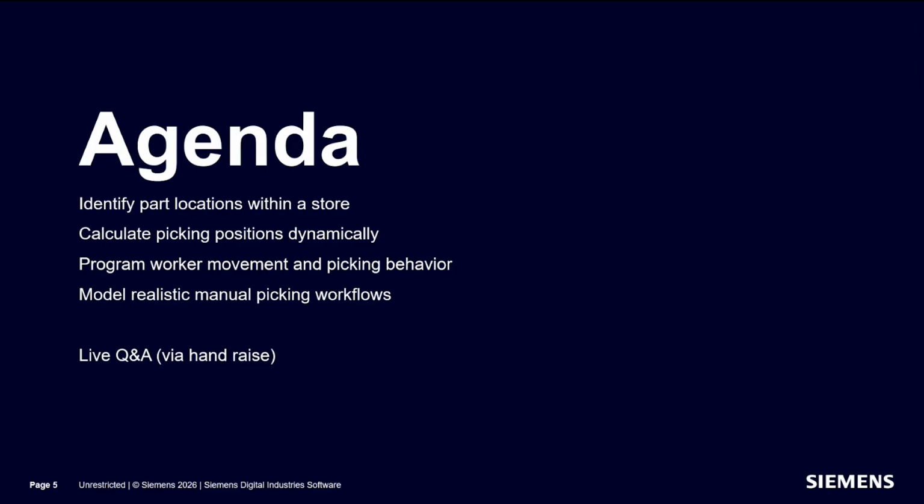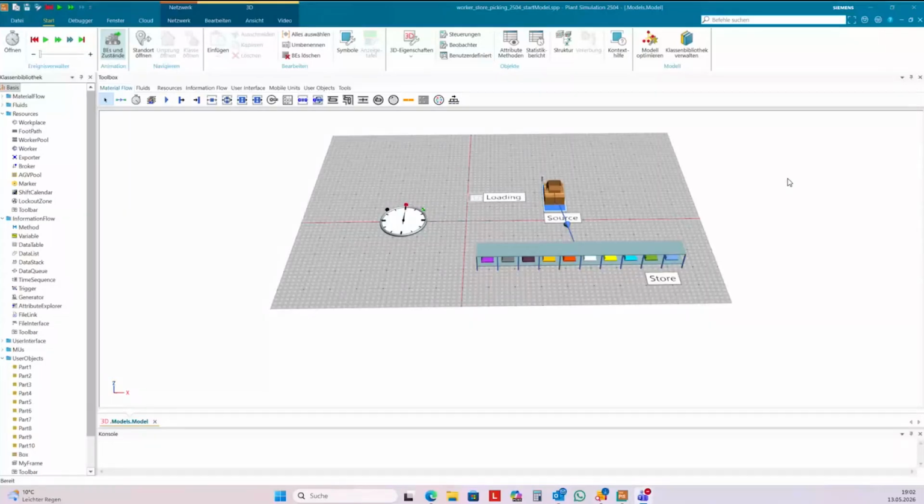Hello again to our webinar. Today's topic is how to model a picking process by the worker. I prepared a starting model, and you can download it from the community if you want to follow.